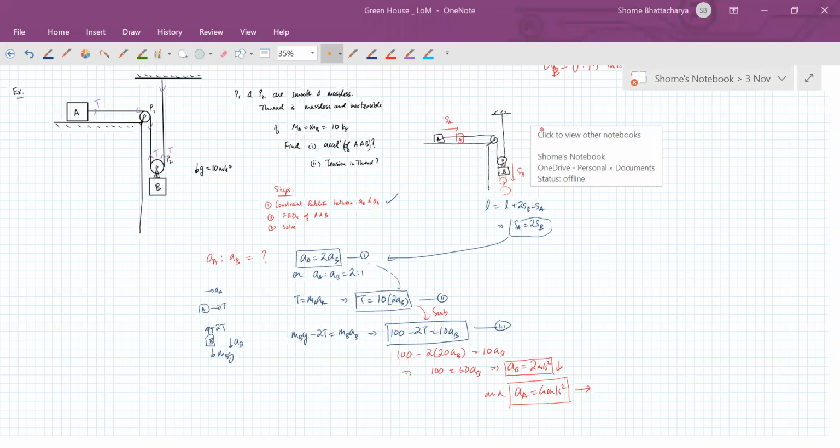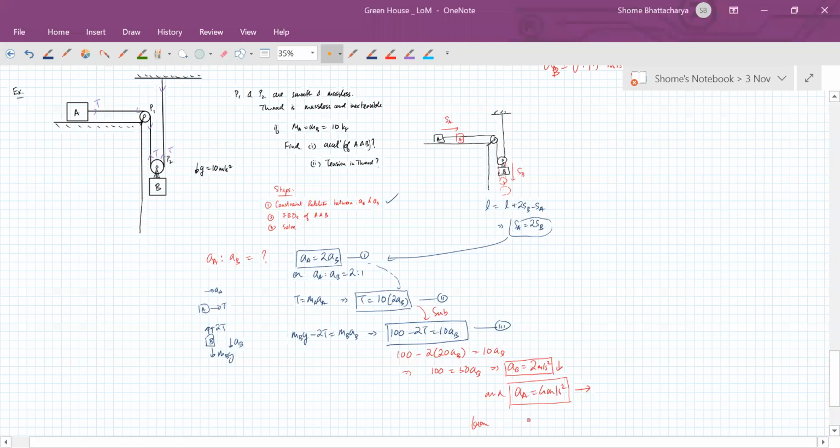Right. Good. So what will the tension be? That's correct. Tension you will get from equation 2. From equation 2, the tension is going to be 20 AB. So the tension is going to be 40 newtons. That's correct. Okay, very good. So I think all of you are clear with this.